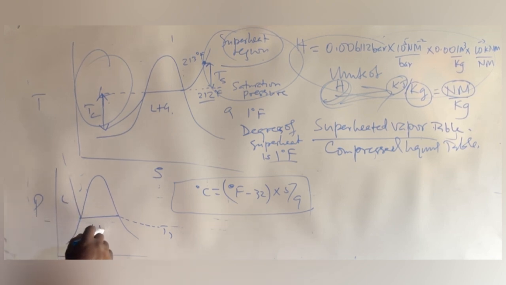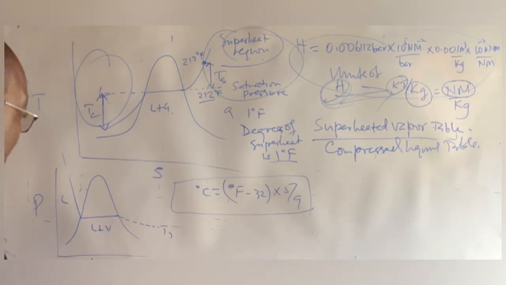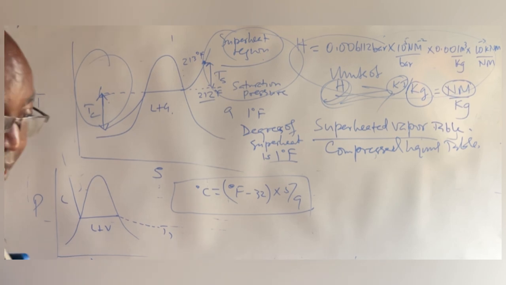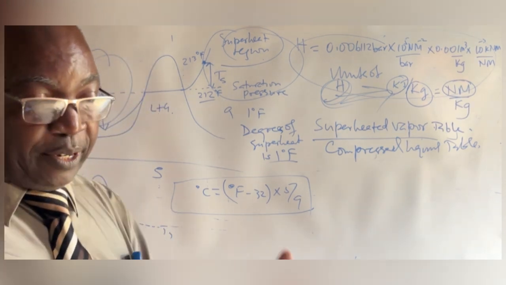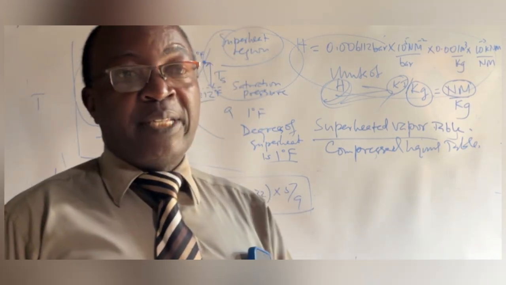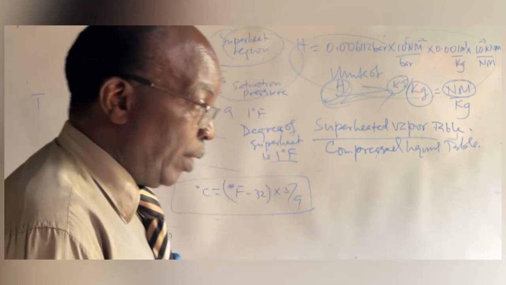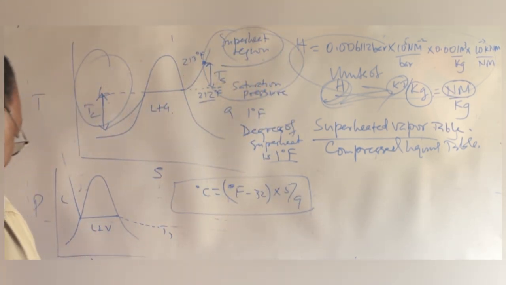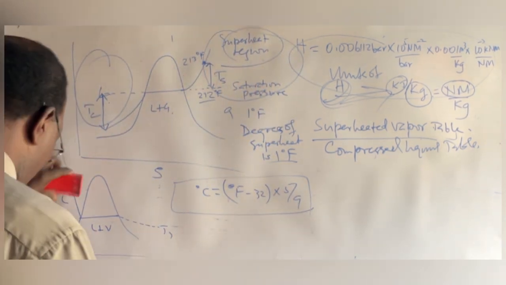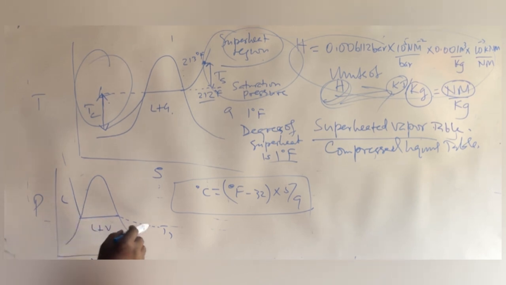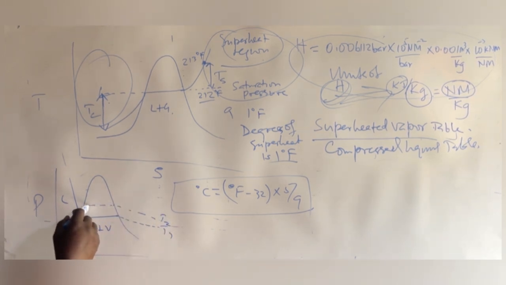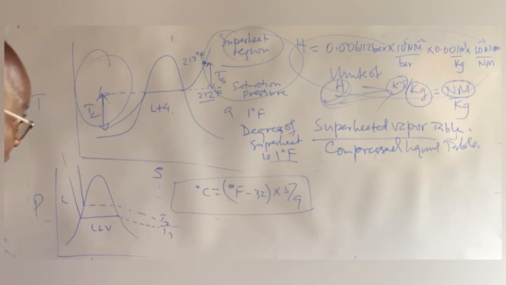Here is liquid plus vapor, called wet vapor, a mixture of saturated liquid and saturated vapor. There we talk about the dryness fraction, which will come in other lectures shortly. At another temperature T2, again the curve is much steeper.